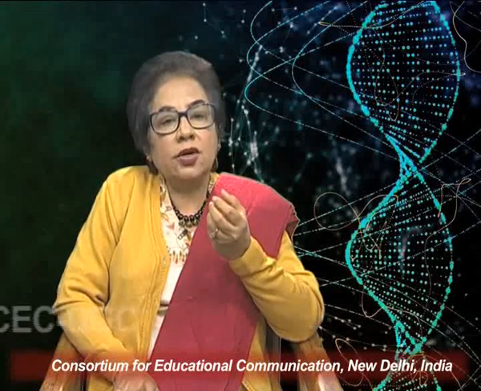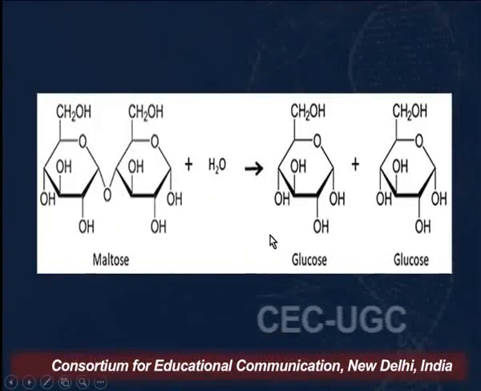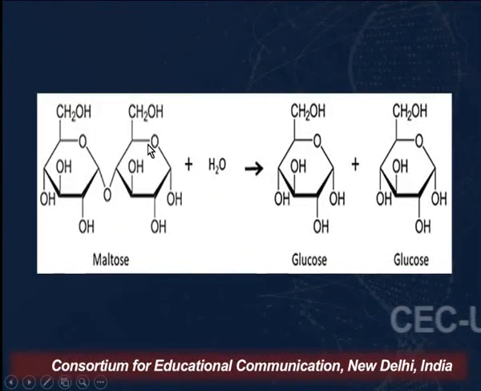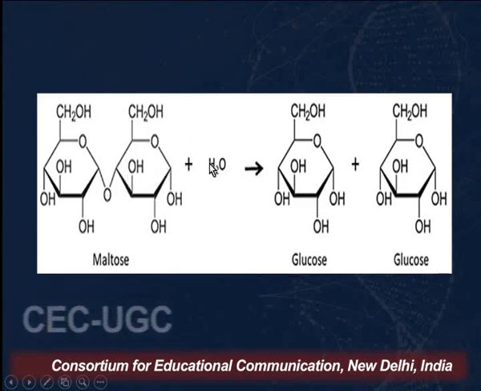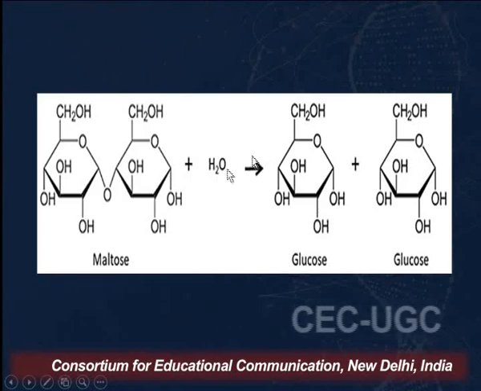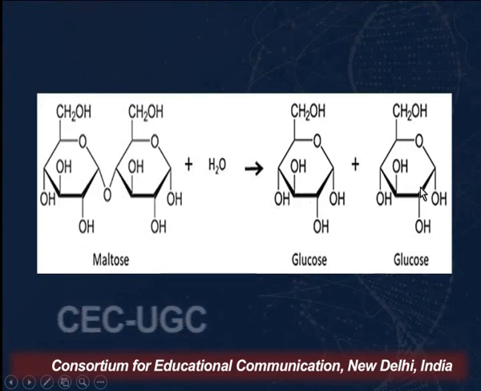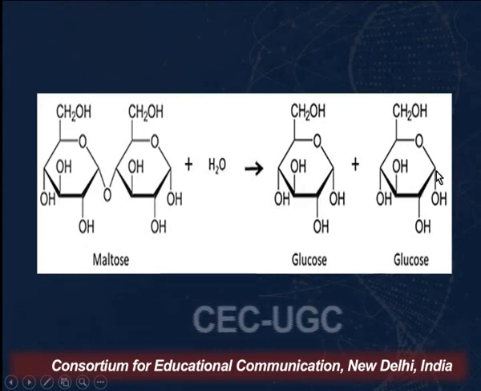Now, here you can see on your screens again that we have carried out the hydrolysis of maltose, and it can be acidic hydrolysis or it can be enzymatic hydrolysis with maltase. It gives us two molecules of alpha-D glucose.